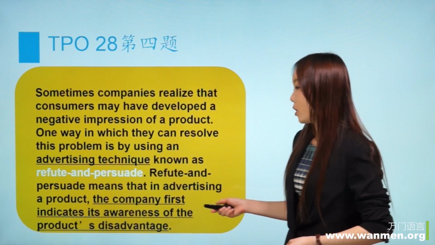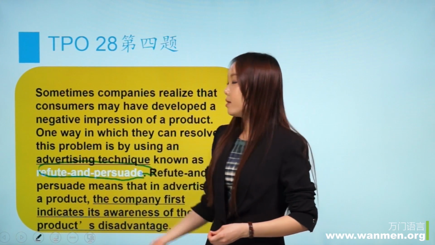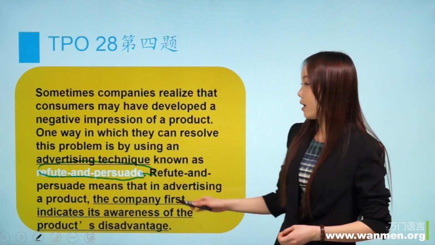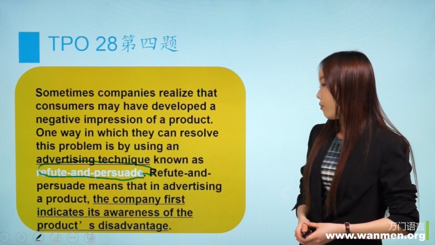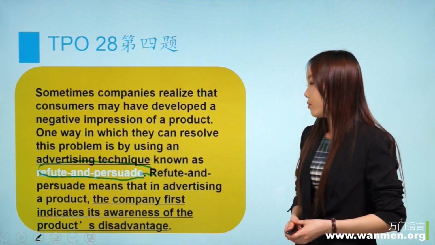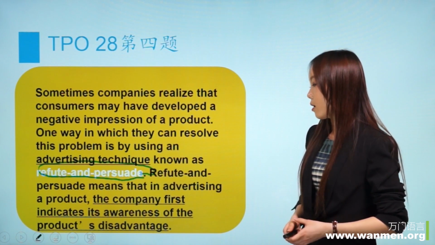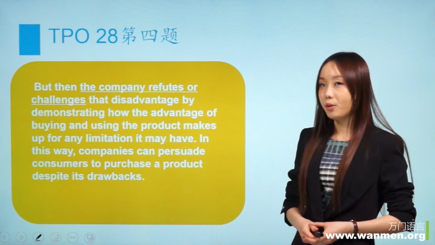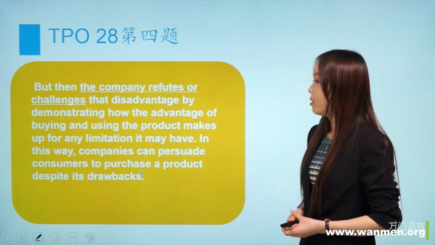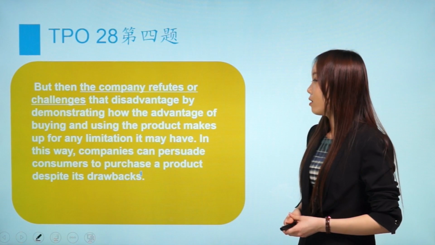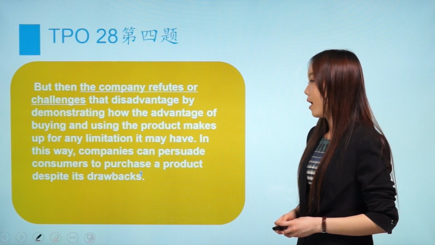你看到这样一个专有名词就是我们需要解释的了。那么首先它是一个 advertising technique，我们一定要抓住，然后抓住它上下文之间或者是段首和段尾对它的解释。Refute and persuade means that in advertising a product, the company first indicates its awareness of the product's disadvantage. 我们先承认哪儿不好。But then the company refutes or challenges that disadvantage by demonstrating how the advantage of buying and using the product makes up for any limitation it may have.